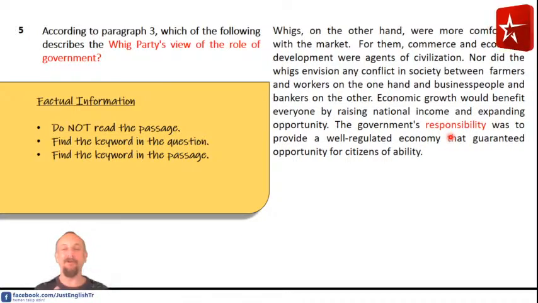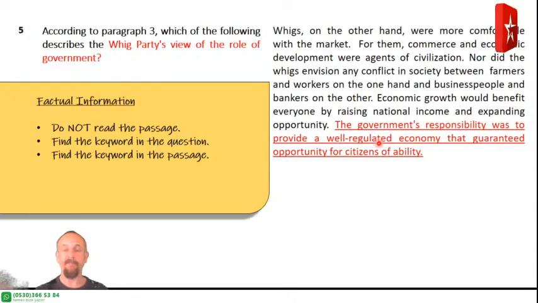Not all keywords are going to be found directly in the reading passage exactly as they are. Sometimes if we can't find that word role of government, then we need to think of a synonym. And here, if you have a particular role, then a synonym of that would be a responsibility. My role as a teacher, my responsibility as a teacher.